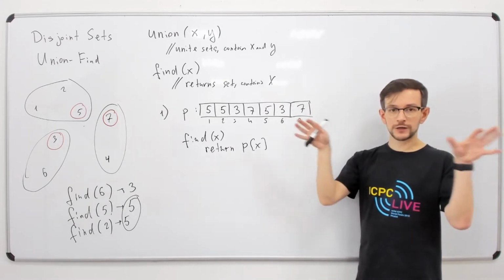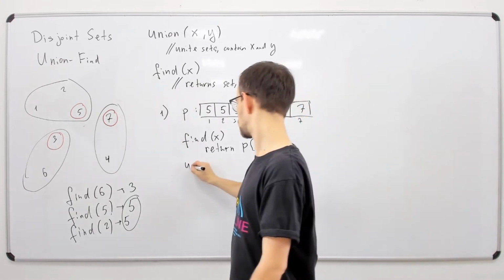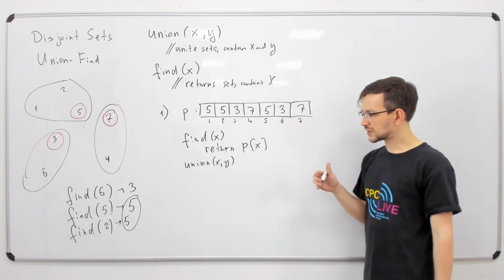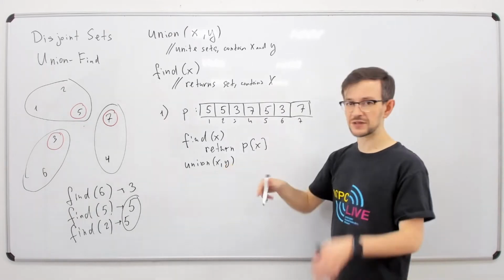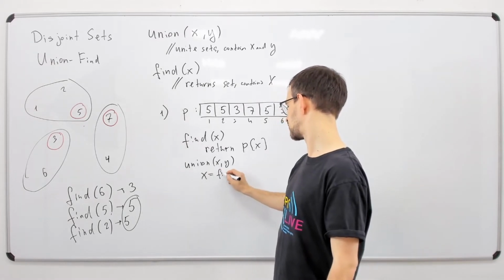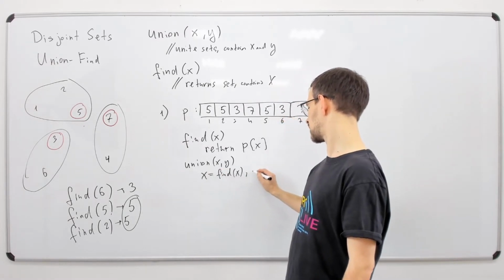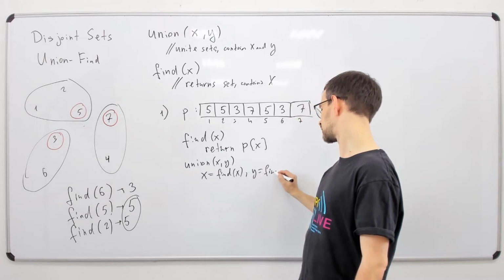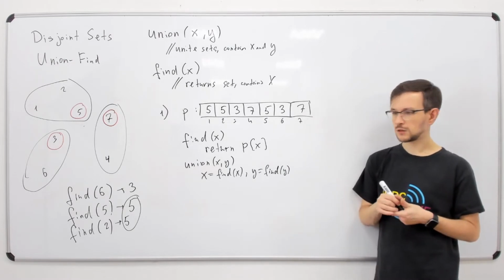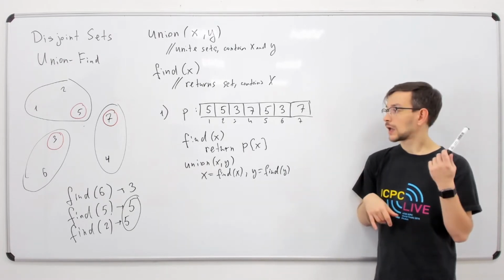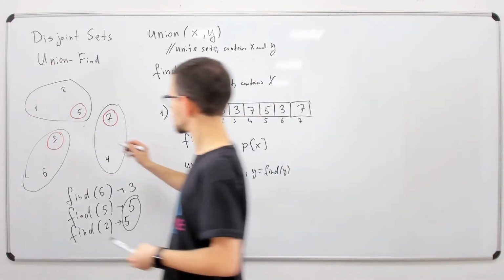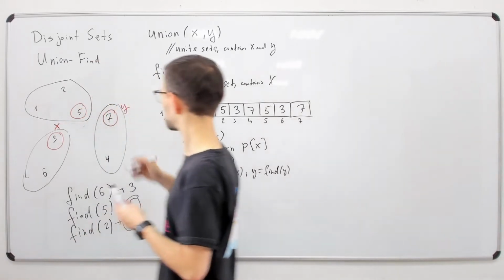Now, how to unite two sets into one? Let's see, union of x and y. First, let's get the representatives of these two sets. Let's say x is the representative of set x, and y is the representative of set y. For example, we have these two sets, this is x, this is y.